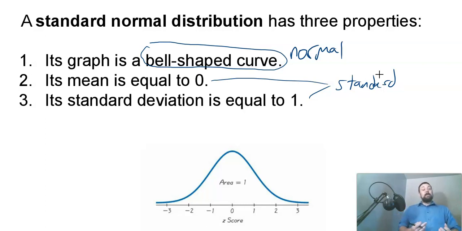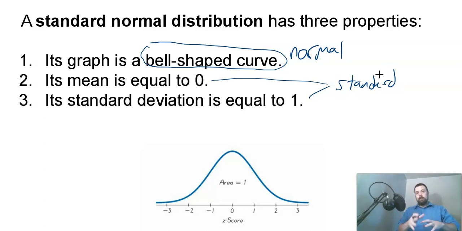The exception to that is for z-scores. What's interesting is that if you take your data set and convert it to z-scores, then if it's a normal distribution, the mean of the z-scores would be 0 and the standard deviation of the z-scores will be 1. That's what makes this important, because data sets in and of themselves typically don't have these properties.